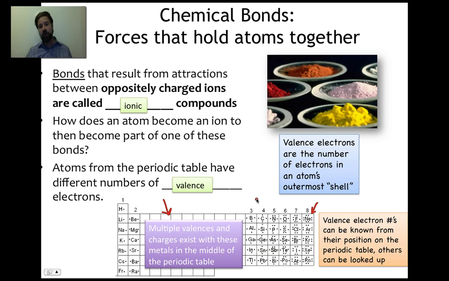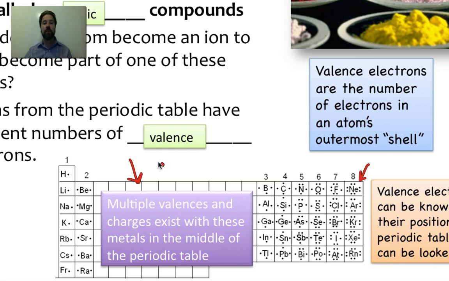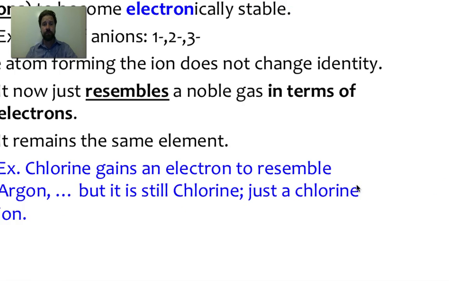They're found in the outermost shell of an atom, and we can basically know the majority of the ones that are important for biology. Group 1 has 1, group 2 all have 2, group 3A have 3, 4A 4, 5, 6, 7, and 8. And that's going to help us figure some stuff out pretty soon here.